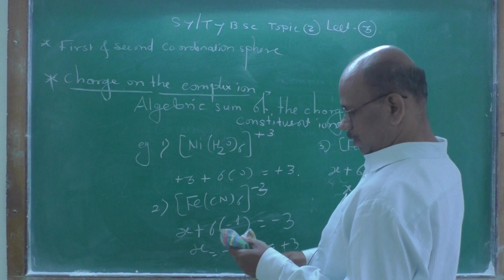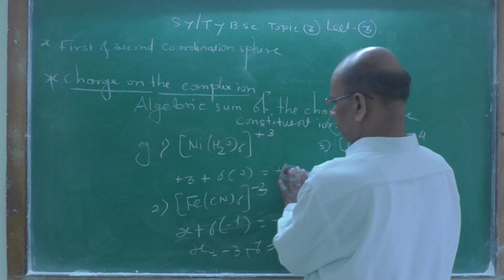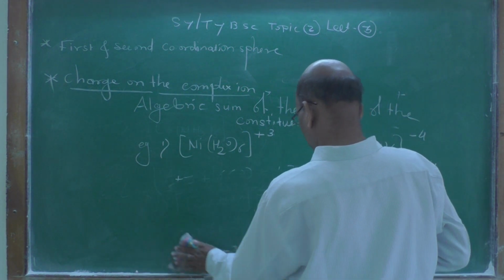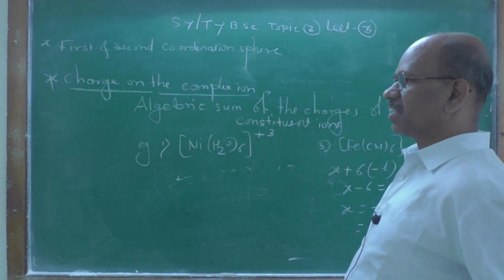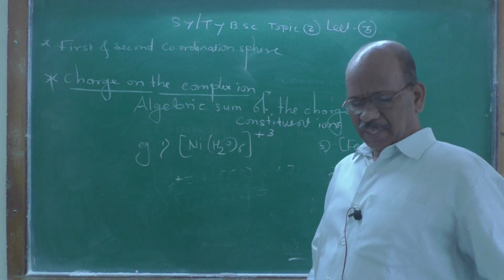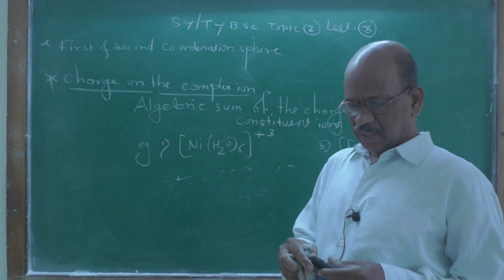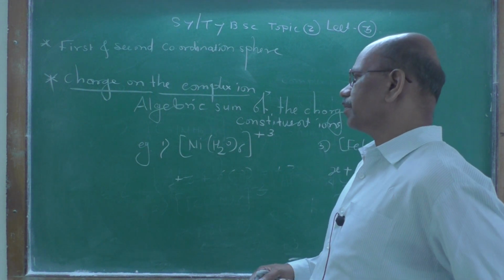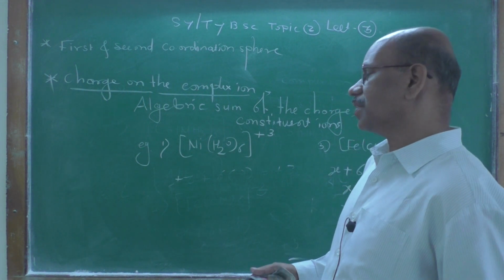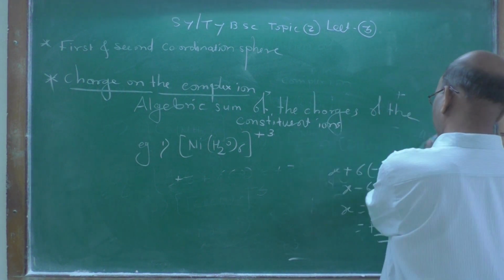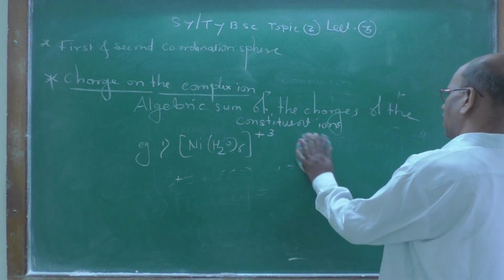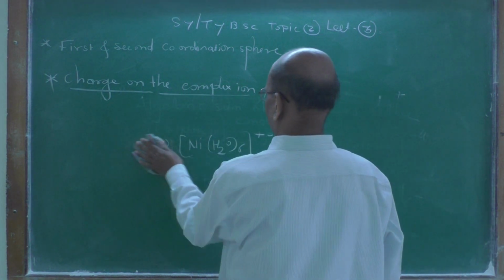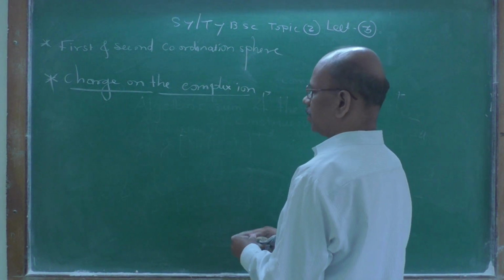So I consider one more example here. If we consider another example, in any complex we can find out actually the oxidation state of the metal present in that particular case. So I consider the fourth example here.